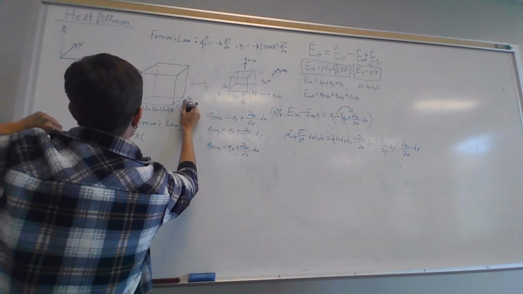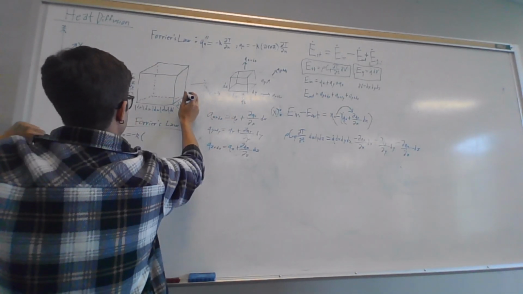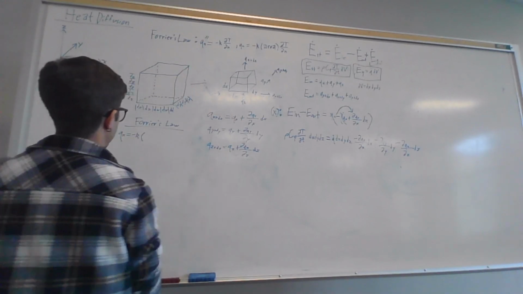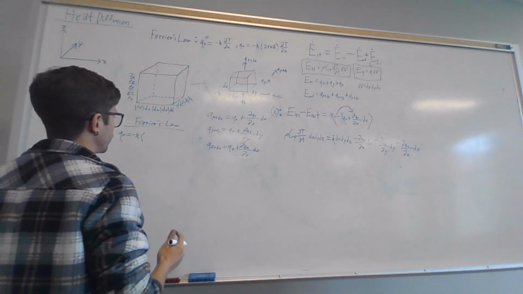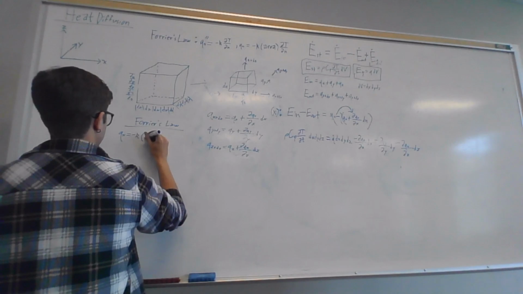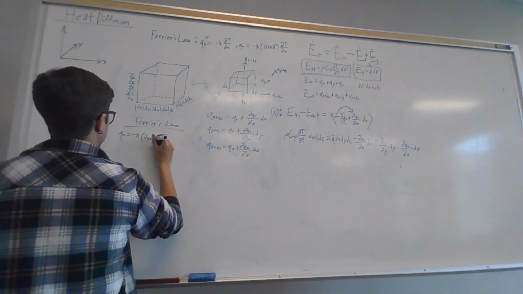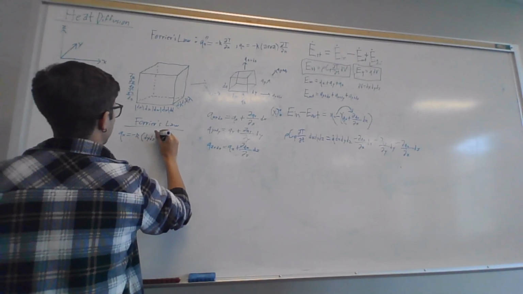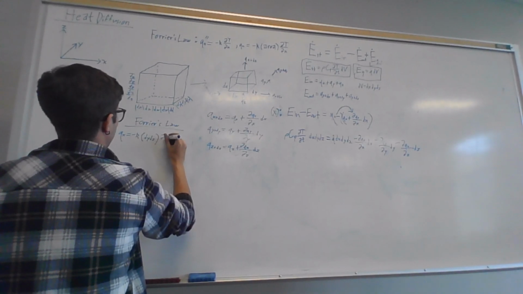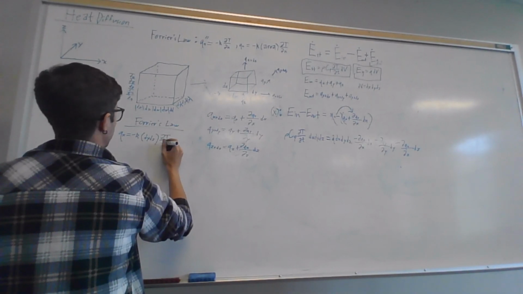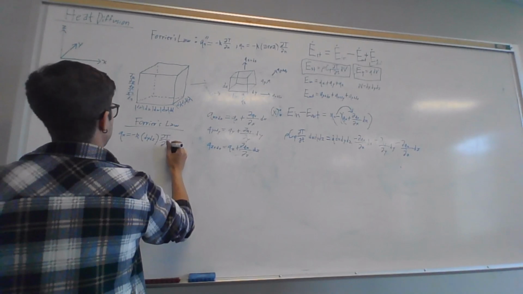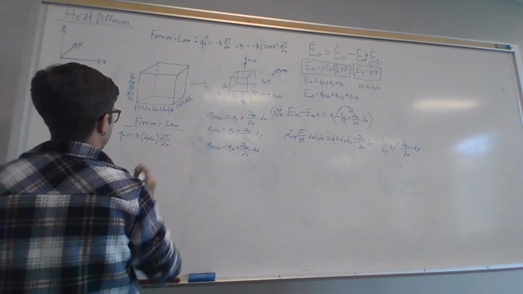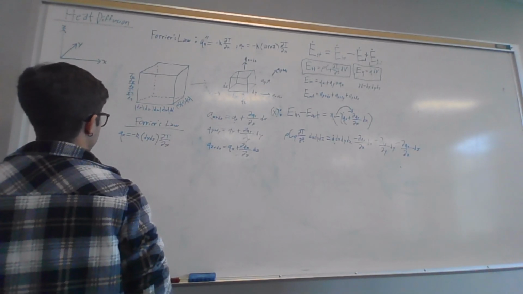It looks like it has a side length of dy and a height of dz. So the area that heat flow is going through is dy dz. Multiply that by the partial derivative of temperature with respect to, in this case, our unit length is dx, so dT/dx.